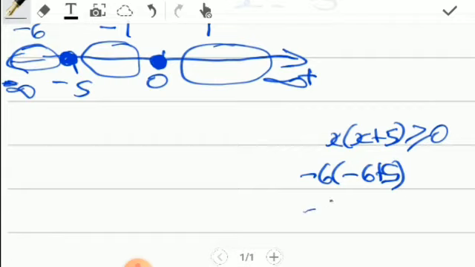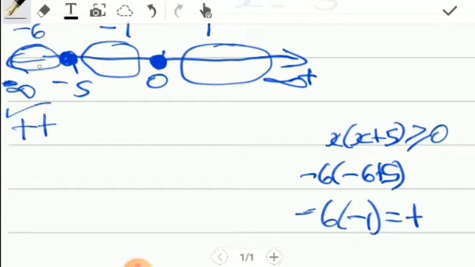Negative 6 plus 5 gives us negative 1, and negative 6 times negative 1 is a positive number. It doesn't matter the size of the number, just that it's positive. So in this region, from negative 5 going to negative infinity, we got a positive response, which is what we're looking for.